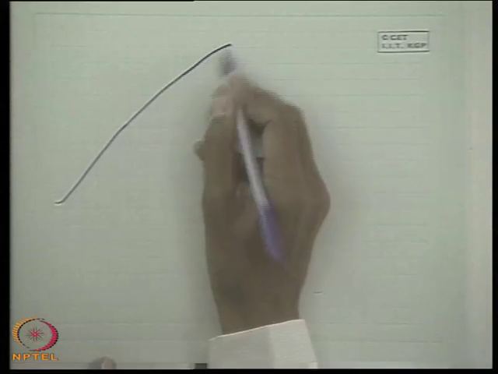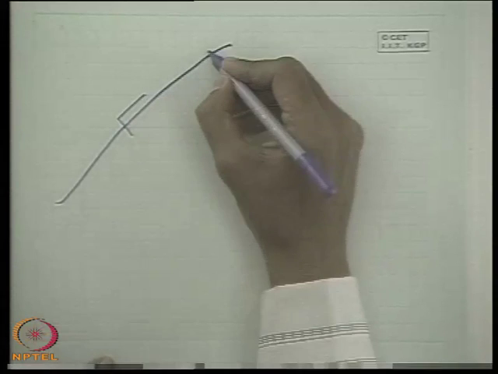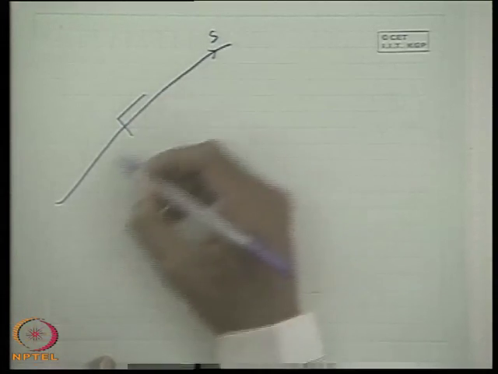That means if we consider the flow along a streamline like this, and consider a fluid element on this streamline, let us consider this is the direction of the streamline.